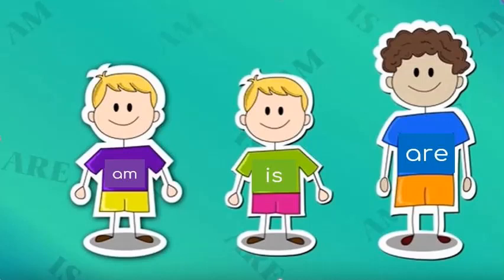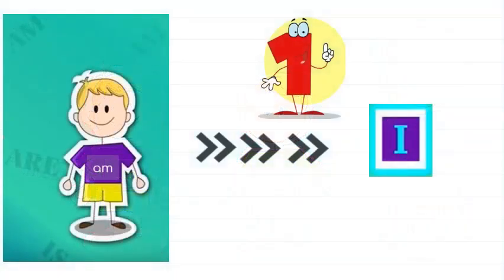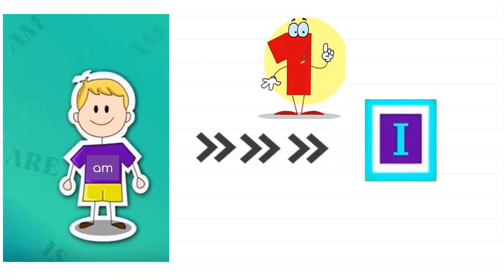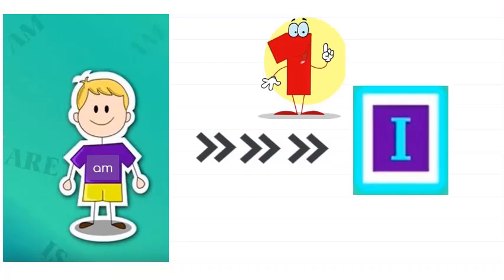Each one of them had his own friends. Am had only one friend, which is I. Remember, only one friend, because he's a bit shy. Can you think of a sentence with I and am together?